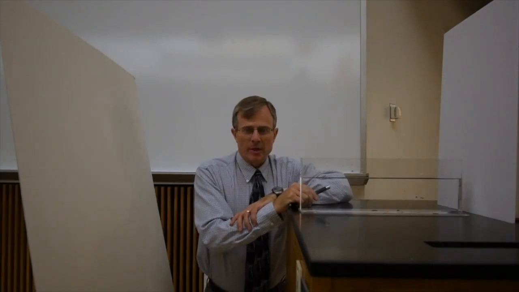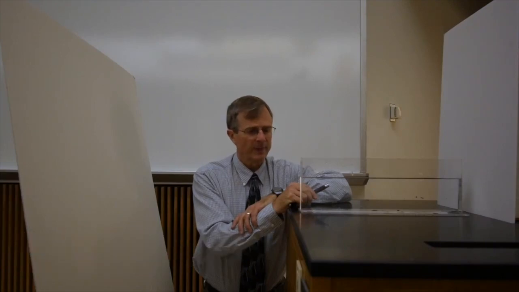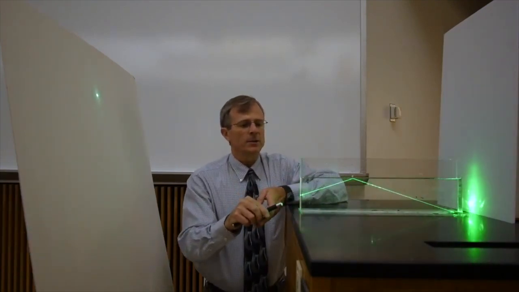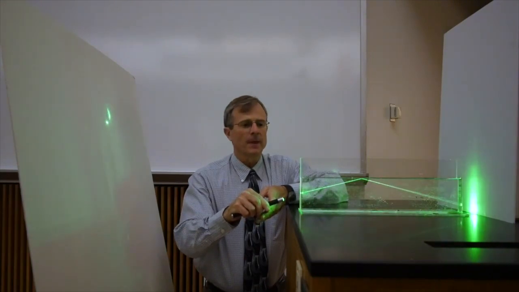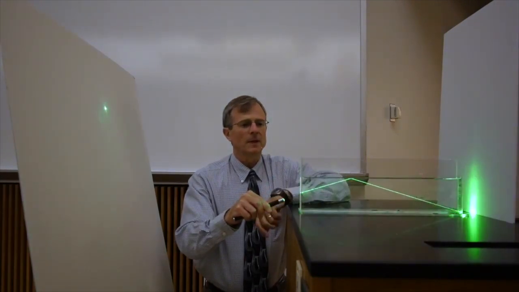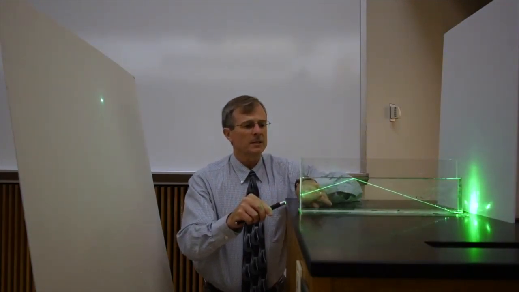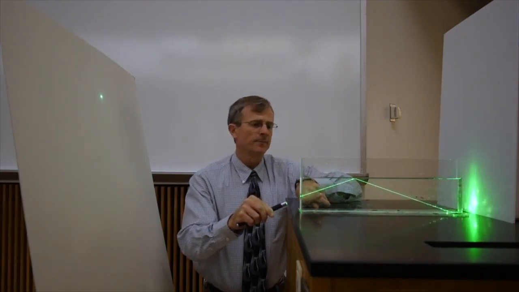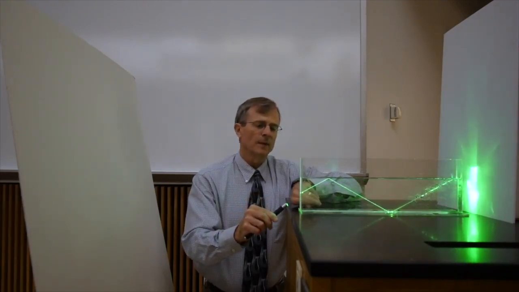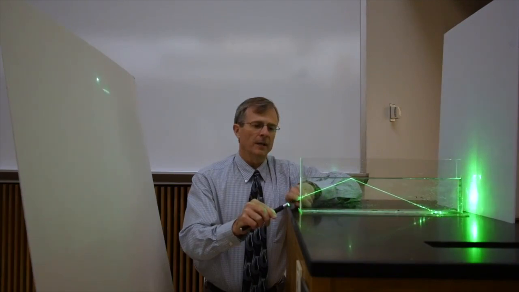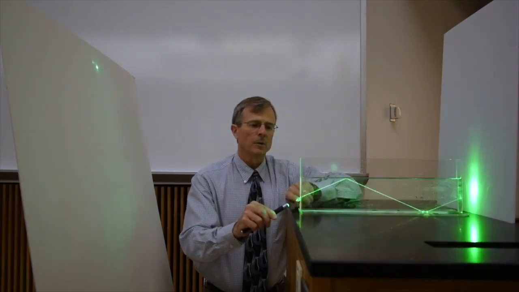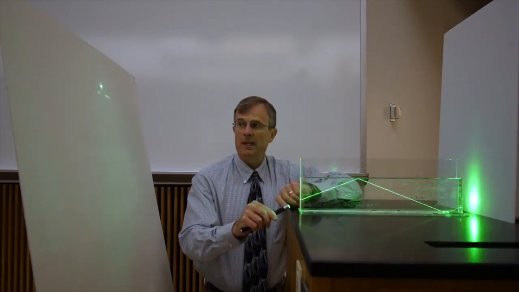We're going to demonstrate refraction here, including a demonstration of total internal reflection. If I take this laser and shine it at this piece of plexiglass that's housing some water, you can see here's the point where the laser beam hits the plexiglass.